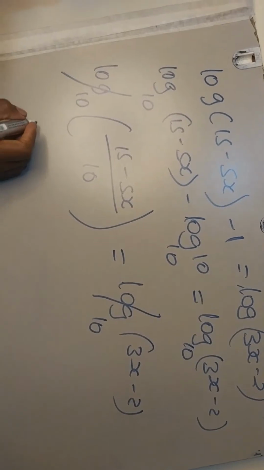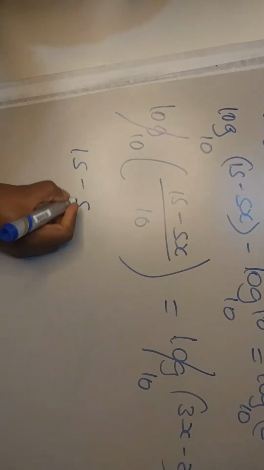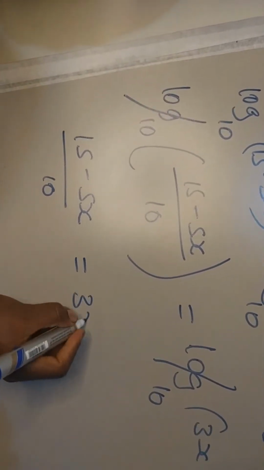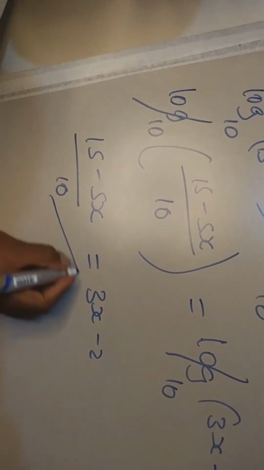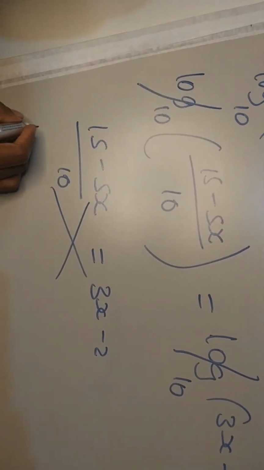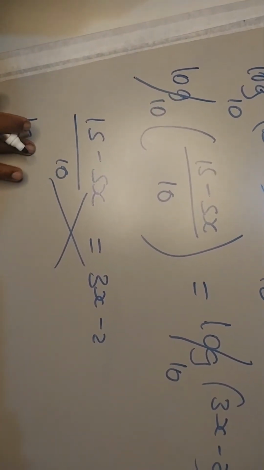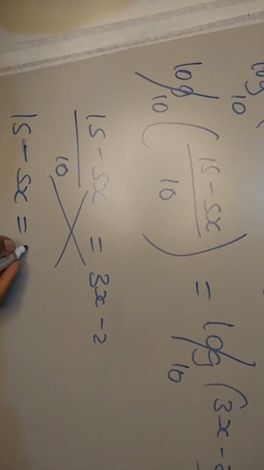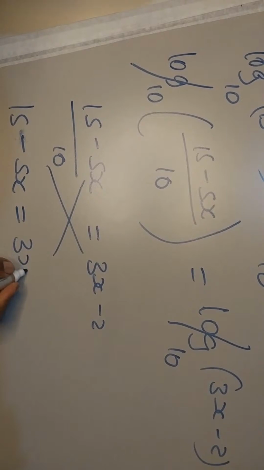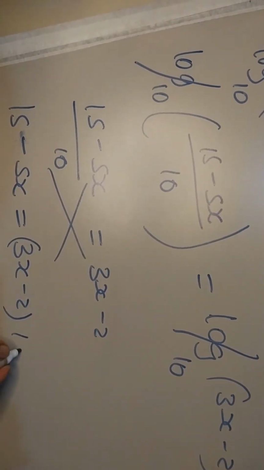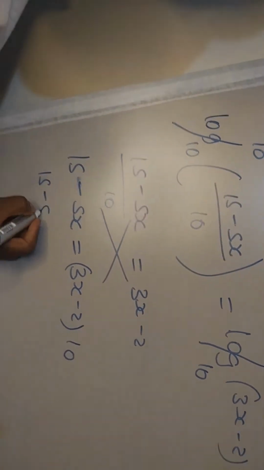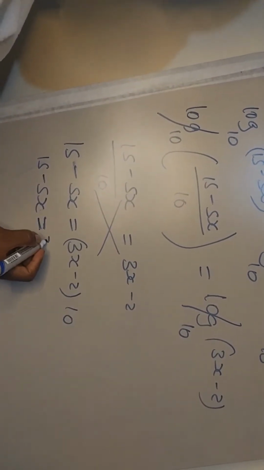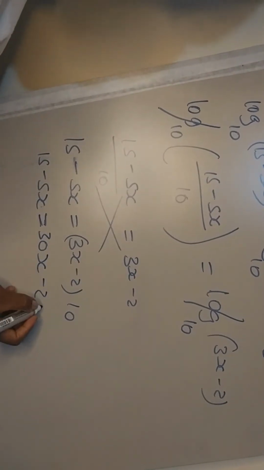We remain with something very simple, which says 15 minus 5x over 10 gives us 3x minus 2. We cross multiply, which takes us to 15 minus 5x is equivalent to 3x minus 2 multiplied by 10. So the 15 minus 5x will simply be giving us 30x minus 20.